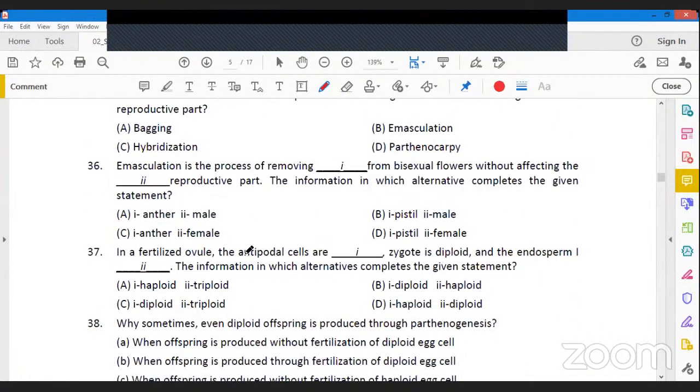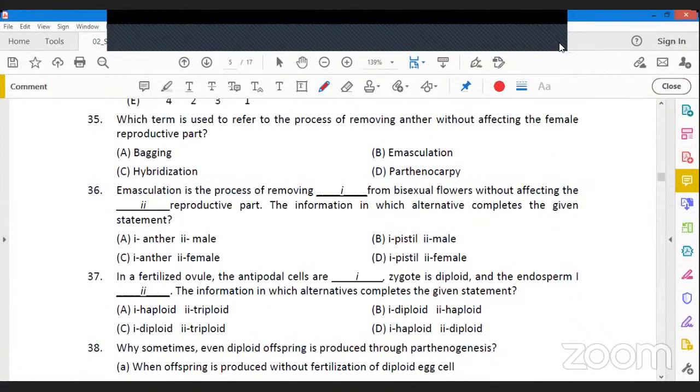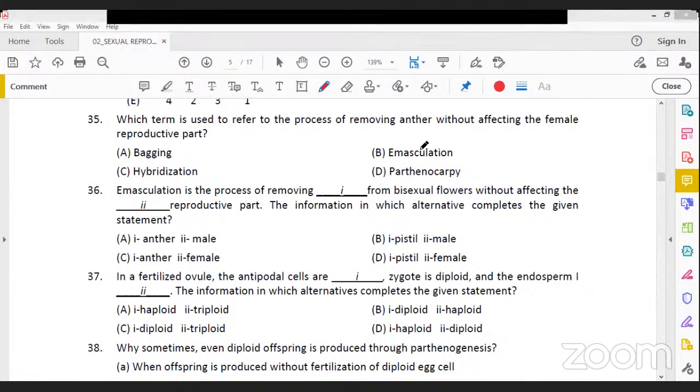Then 35th question. We'll do it, students. Which term is used to refer to the process of removing anther without affecting the female reproductive part? Look, we are removing the anther. That means the male part is removed. That means it is emasculation. Why is emasculation done? Emasculation is done to prevent self-pollination. Remember this, students.